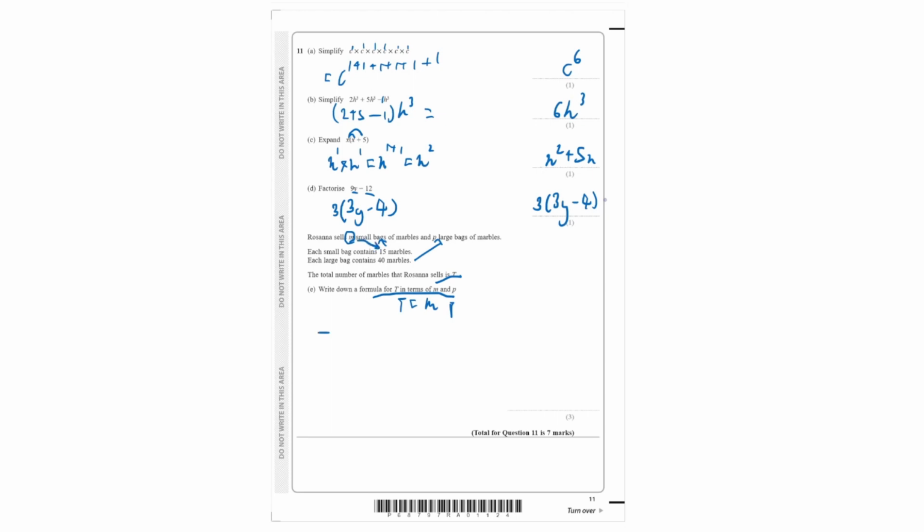So we can write here the total is equal to 15 times M, that's 15M, plus 40 times P. So we have 40P, and that is our final answer. T is equal to 15M plus 40P.